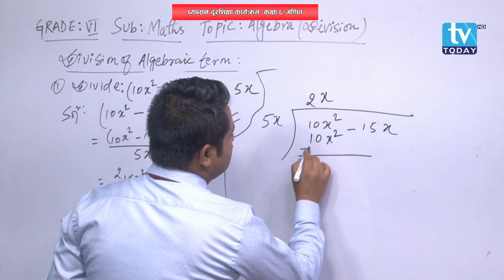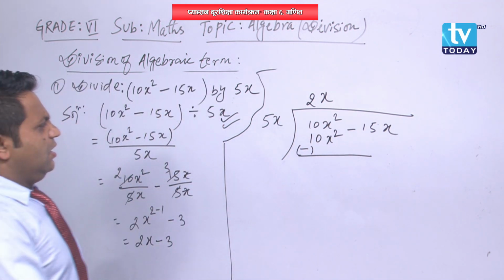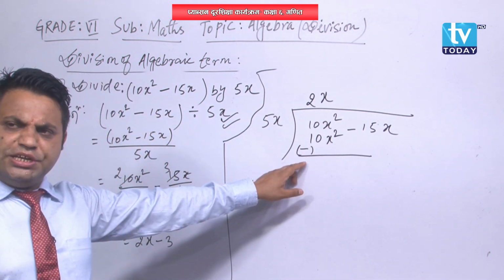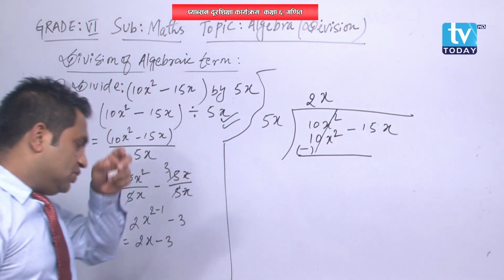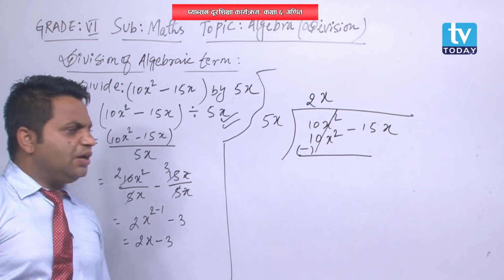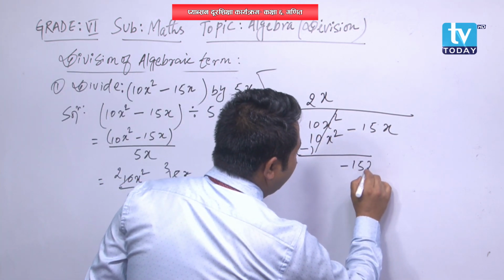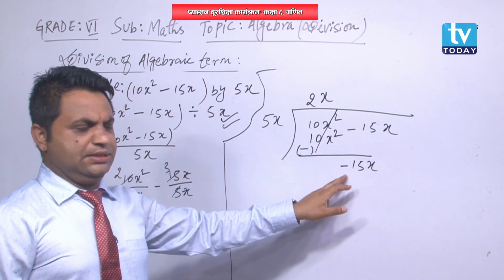In division please change the sign. Is that clear? Now one is positive, one is negative, you have to consider the sign down there, which is a minus, so this whole term will cancel. 10x square minus 10x square will be 0. So now minus 15x, we are not changing this sign, so it will remain the same, minus.